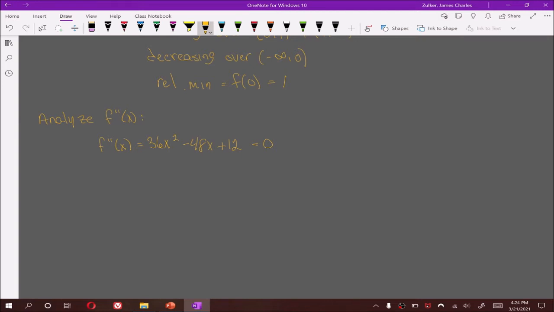We can again factor out 12. So divide everything by 12, we're going to get 3x squared minus 4x plus 1 is equal to 0. This can factor to x minus 1 times 3x minus 1. And so we have x is either a third or x is 1.